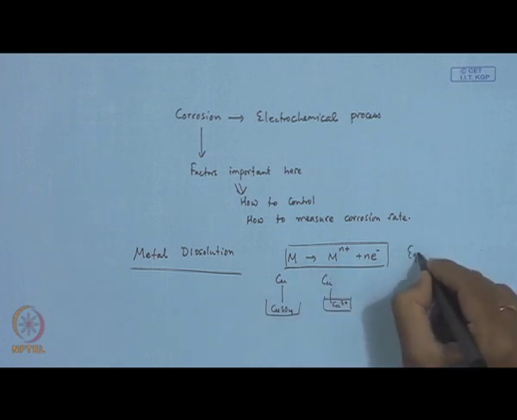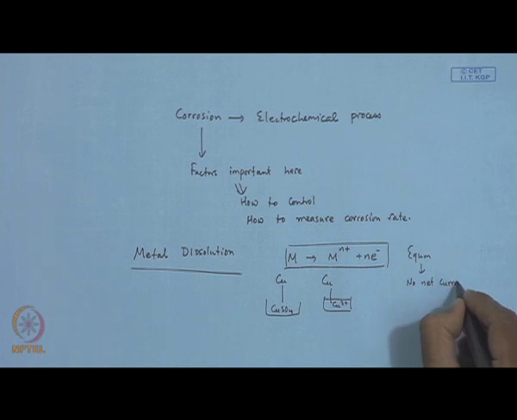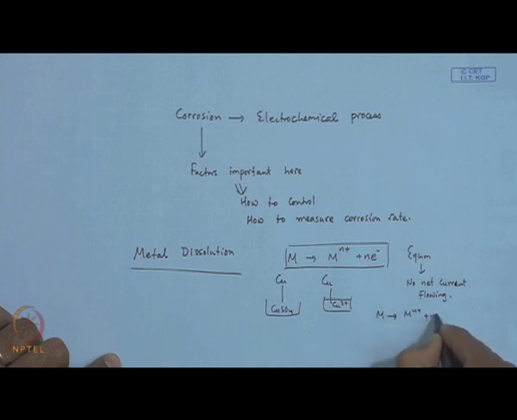This is the general equilibrium reaction, and at equilibrium there is no net current flowing. So, in one case the reaction is M to Mn plus plus n e minus, and the reverse process is Mn plus plus n e minus giving rise to M. Okay.